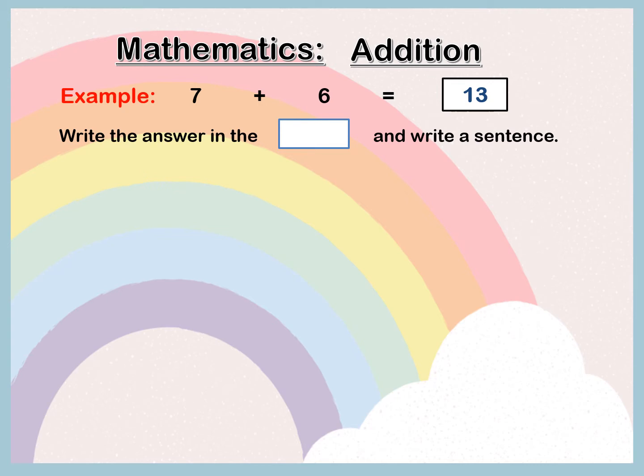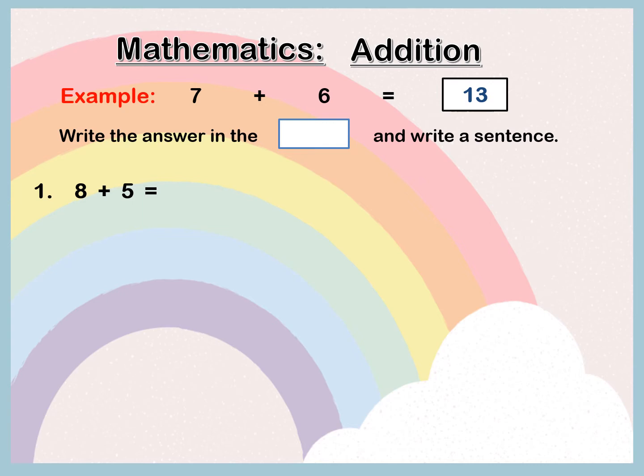So the number one is, we have 8 plus 5. So add number 8 to number 5. What do you think is the answer? So using your fingers or ask your mom and dad for help. 8 plus 5 is equals.